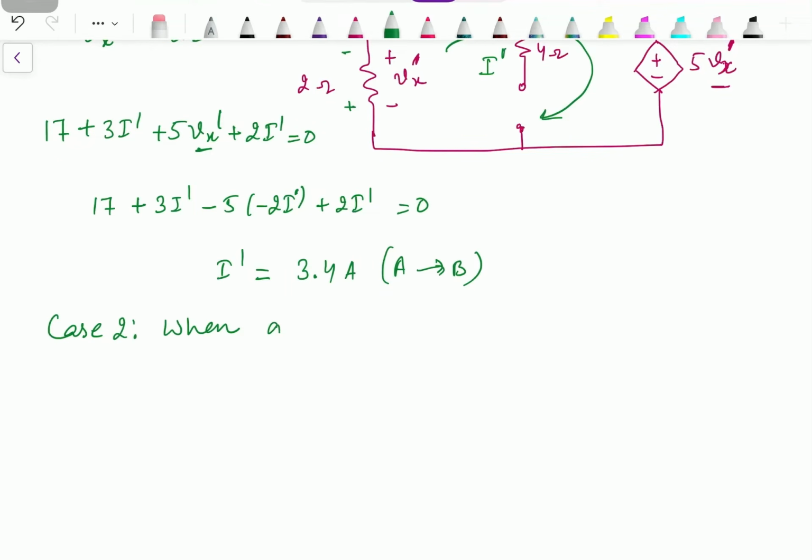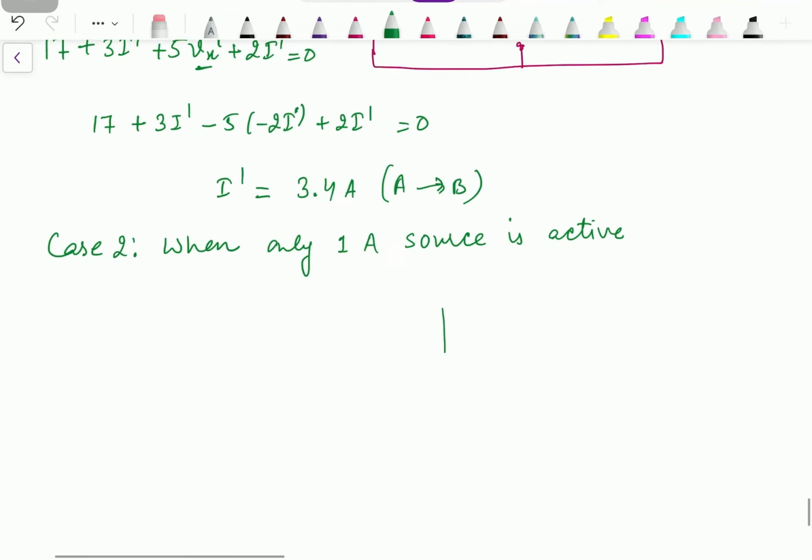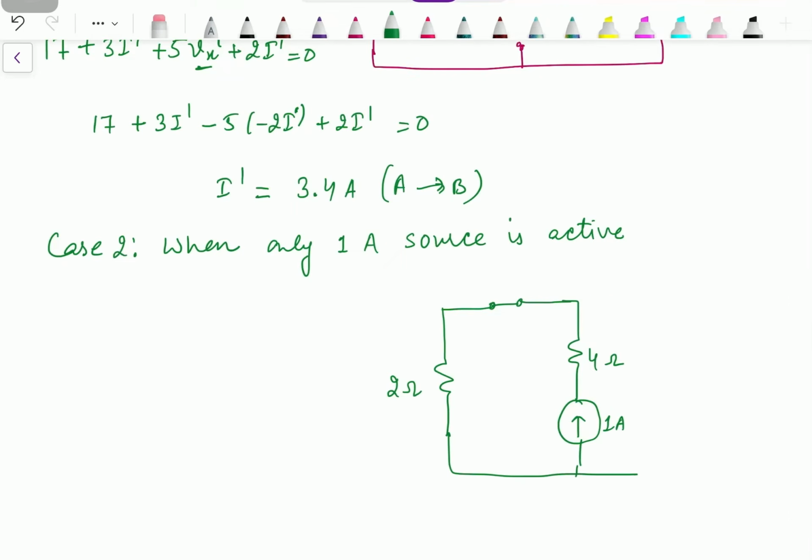So the second case is when only the 1 ampere source is active. Voltage source replaced by short circuit. Then we have another resistance over here.